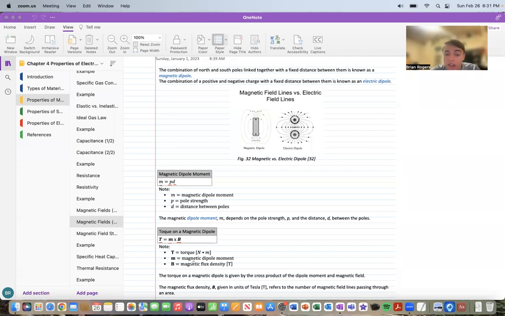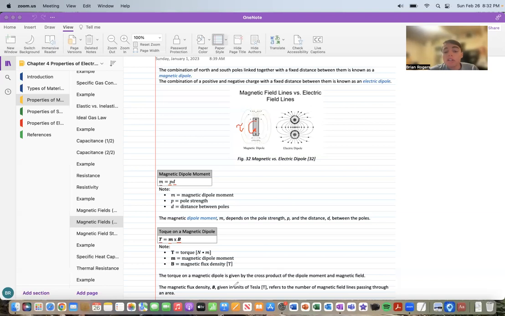Torque refers to your twisting force, like if you rotate a wrench when you're trying to screw something, you have torque. It's going to be equal to the cross product of the magnetic dipole moment with the magnetic flux density.